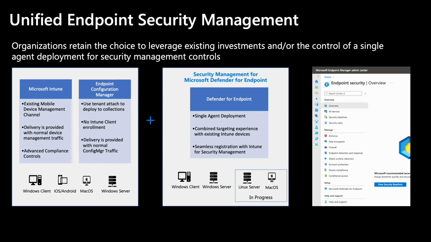In this scenario, Defender for Endpoint seamlessly enrolls, the client components themselves seamlessly enroll into Microsoft Intune to allow you to deploy the same antivirus policy, the same firewall and endpoint detection response policy that you would deploy to other aspects of your environment. This gives you that single configuration to all of your devices with a consistent configured experience, regardless of how the device reports into Endpoint Manager to receive that policy.